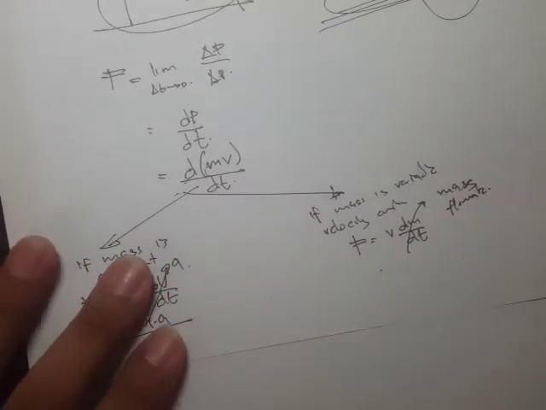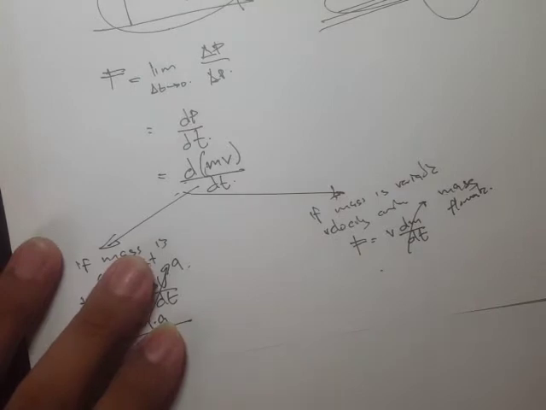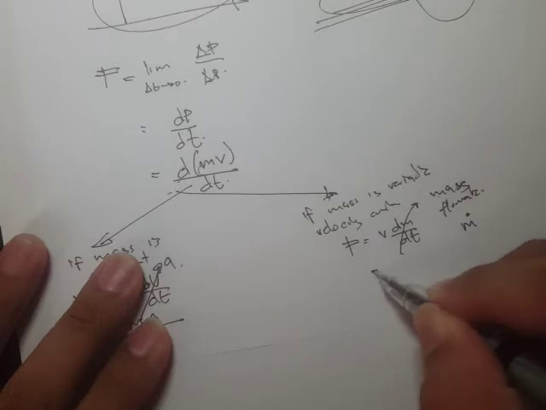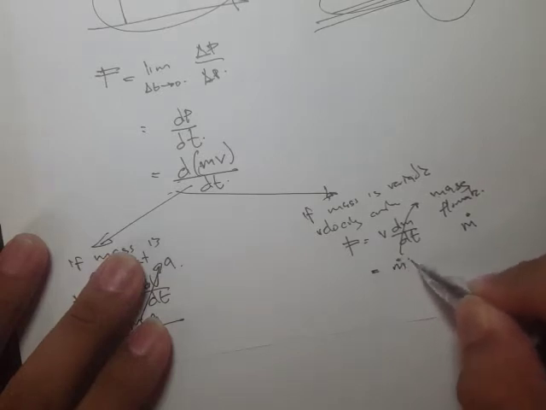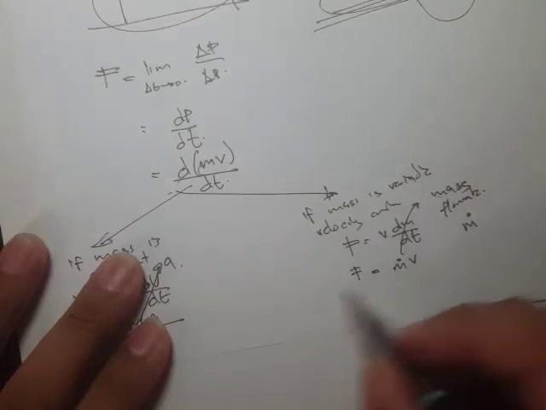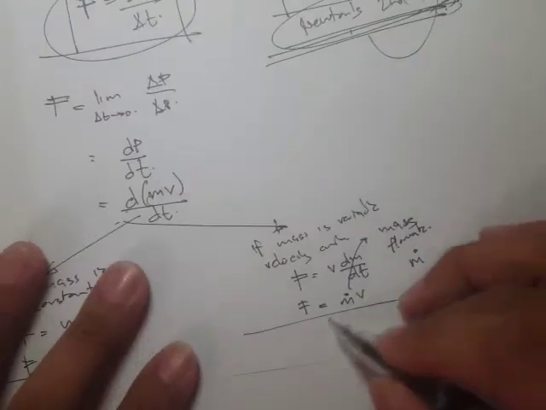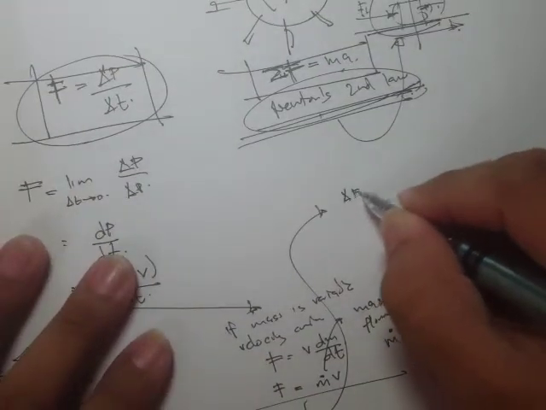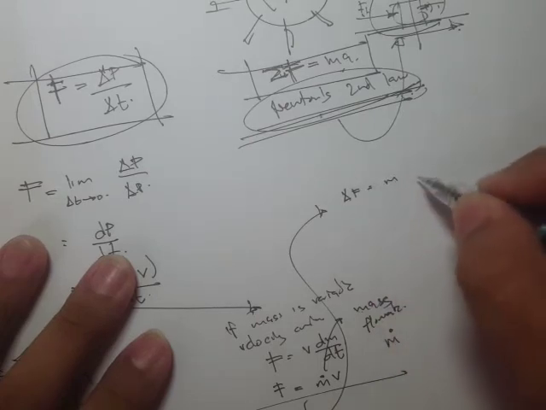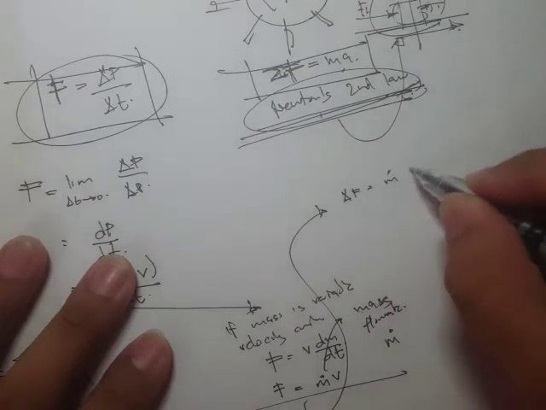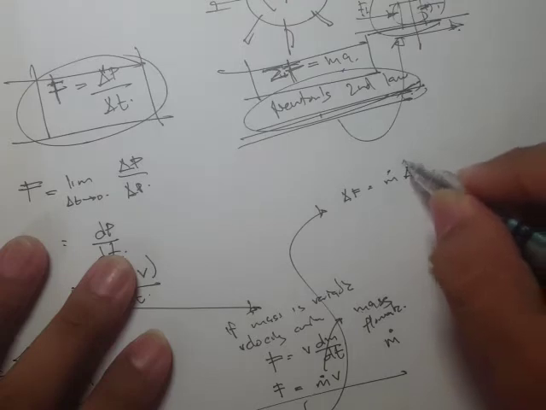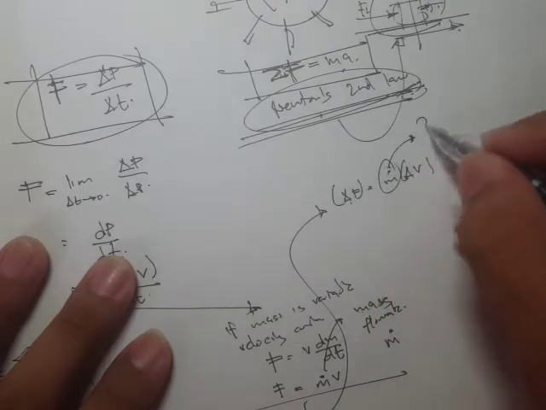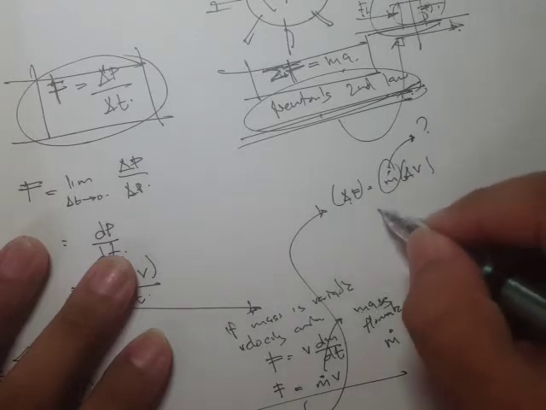Okay, and the symbol for the mass flow rate is m dot, and therefore m dot v. Now, if we want to deal with the change of force, delta F is equal to m dot times the change in velocity. And what is m dot? What is the mass flow rate?